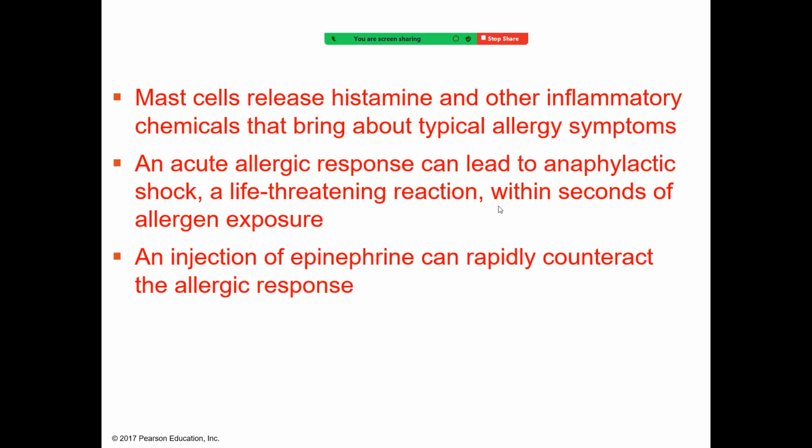You can end up with a very acute allergic response, which is called anaphylactic shock. This is a very life-threatening situation, and that happens when a person is exposed to an allergen and they have a massive amount of histamine that is released into their body all at once. An injection of epinephrine, which is the fancy name for adrenaline, can help to rapidly counteract the allergic response.